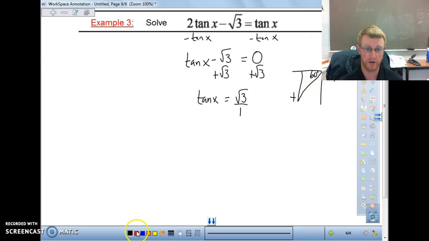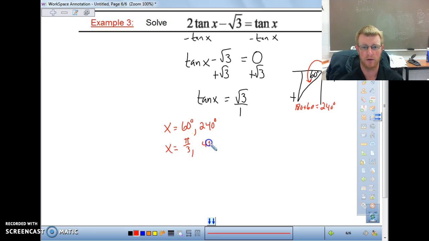To get the angle that goes all the way around, we get 180 plus 60, which is 240. So our 2 answers here are x equals 60 degrees and 240 degrees. And in radians, that is pi thirds and 4 pi thirds.